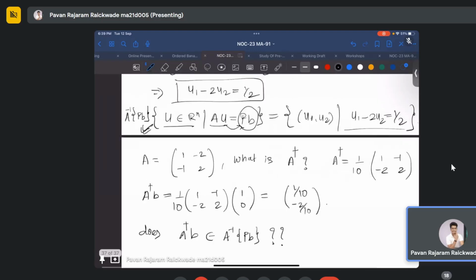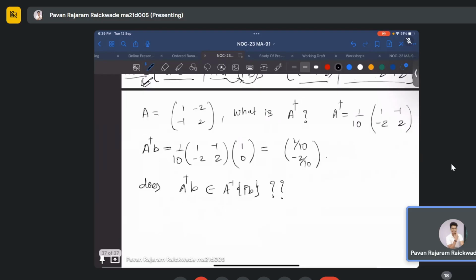So let's see. What is A inverse PB? We have just seen it is the set of all U1, U2 such that U1 minus 2U2 is half. So U1 is this guy, U2 is here. What is U1 minus 2U2? 1 by 10 plus 2 times 4 by 10, which is 5 by 10, which is 1 by 2.